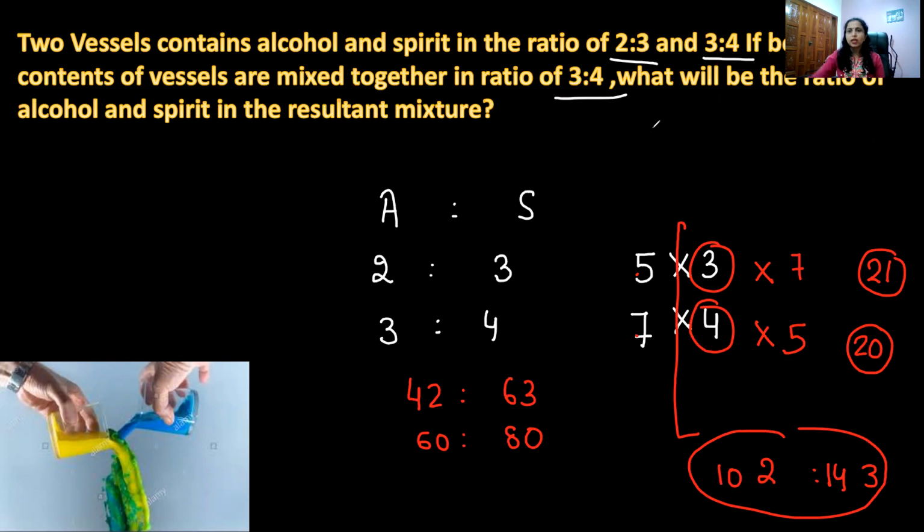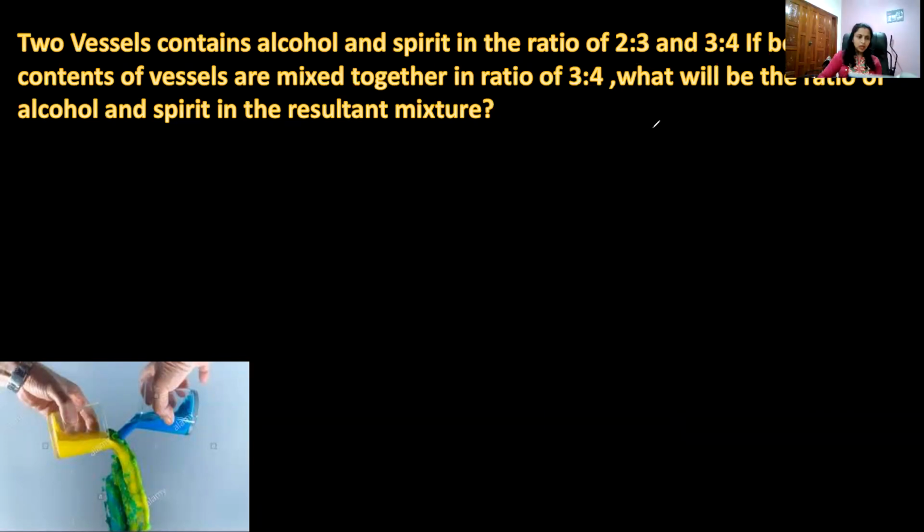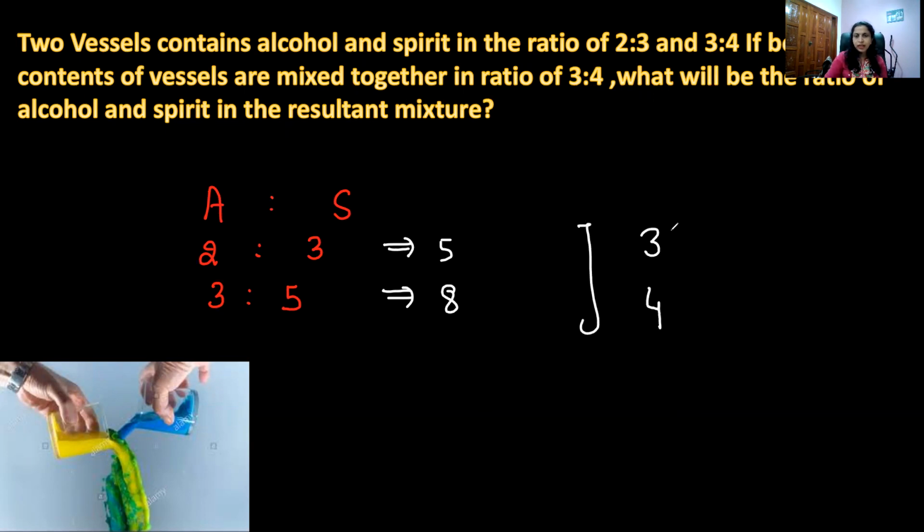Let's take another question here, same type. I'm showing you. Two vessels containing alcohol and spirit in the ratio of 2:3 and 3:5. Let me tell you how easy it can be. The sum here is 5 and here is 8. And they are mixed in the ratio of 3:4, right? So this one you multiply by 8 and this one by 5 because we cross multiply.